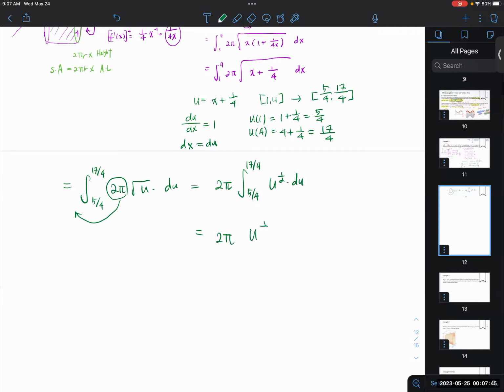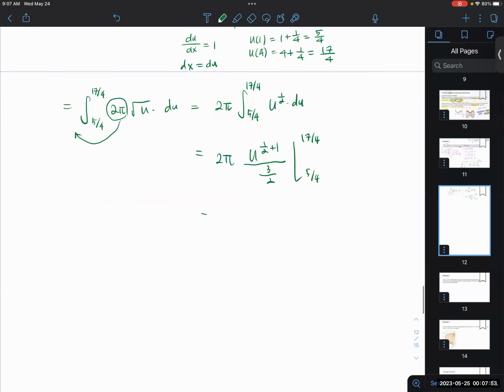So u to the 1 over 2 plus 1, which is u to the 3 over 2 over 3 over 2, from 5 over 4 to 17 over 4. Got you? And I can flip over 2 over 3. So 2 pi times 2 over 3 times u to the 3 over 2, from 5 over 4 to 17 over 4, which is 4 pi over 3.